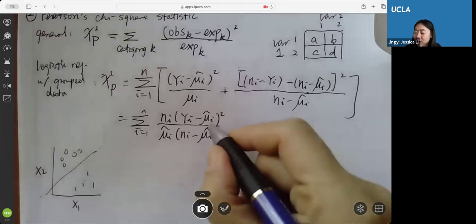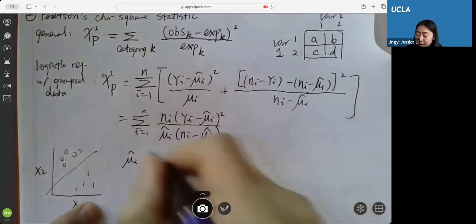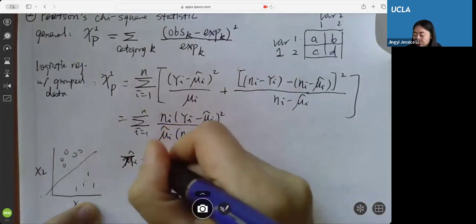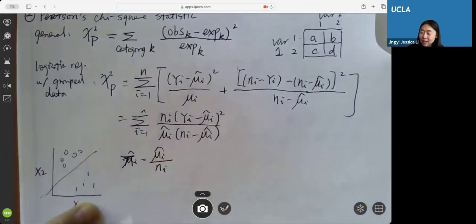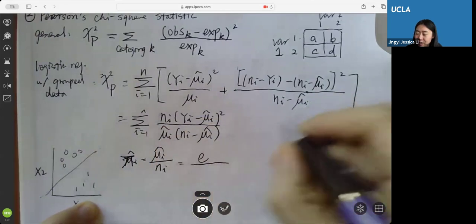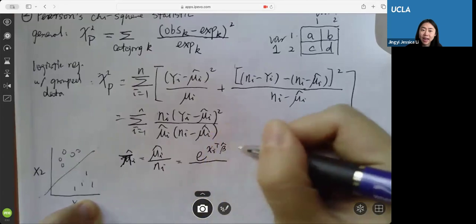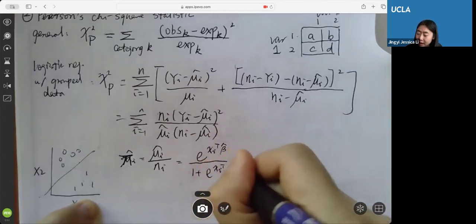Because if you think about what mu i hat is, let's just call pi i, which is mu i hat over Ni, okay? Essentially, it is the exponential function of xi transpose beta hat over 1 plus the exponential function of xi transpose beta hat.